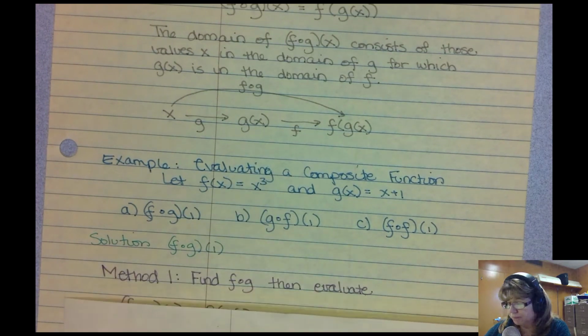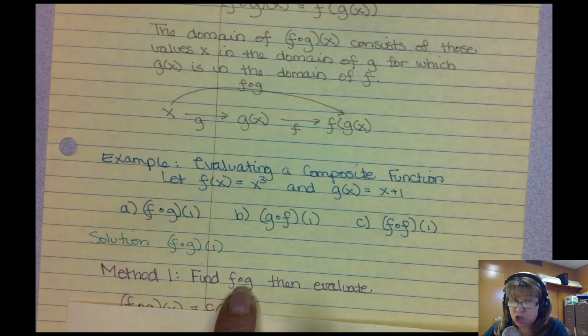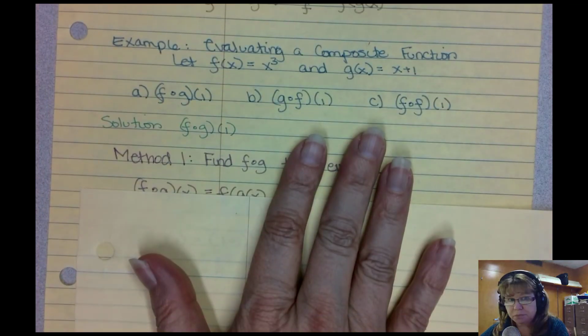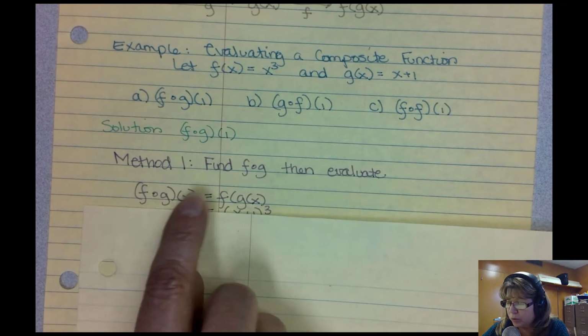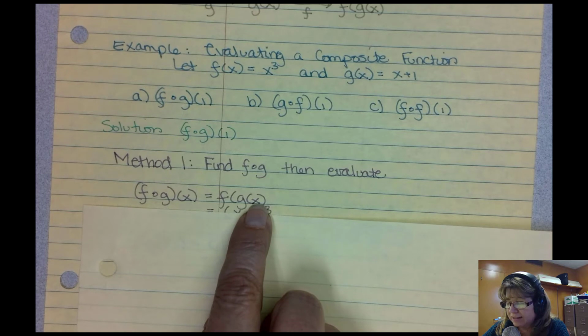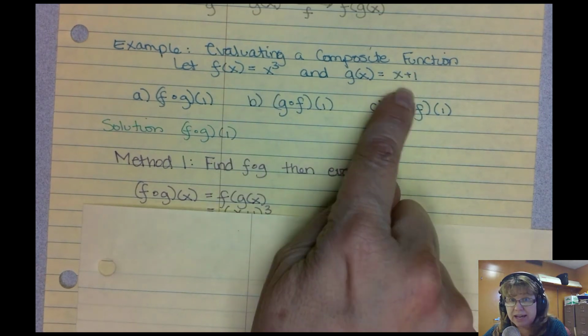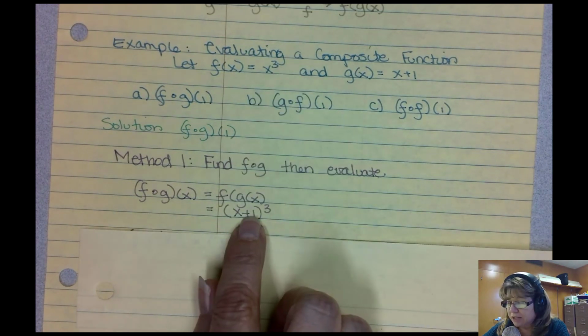Here we go. Method 1 is first I would find f of g, and then I would evaluate it using the 1. So this is method 1. Wherever I see an x, I'm going to put the whole entire function g of x. So here's my x. I have to place this whole entire x plus 1 inside the x, and I get x plus 1 cubed.